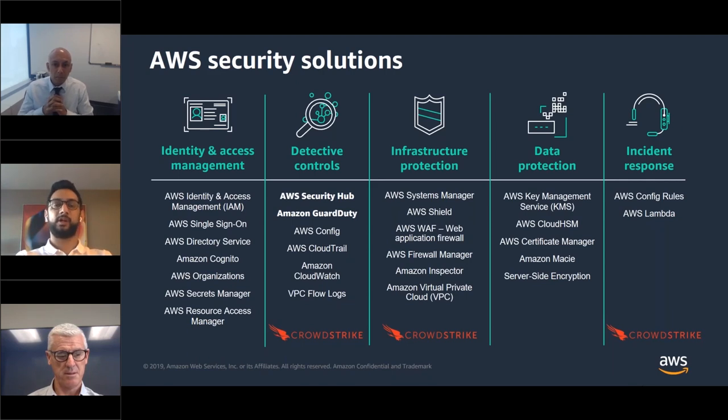Talking a little bit about incident response, even with extremely mature preventive and detective controls, your organization should still put processes in place to respond to and mitigate the potential impact of security incidents.